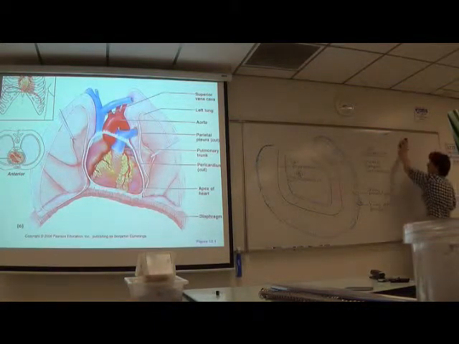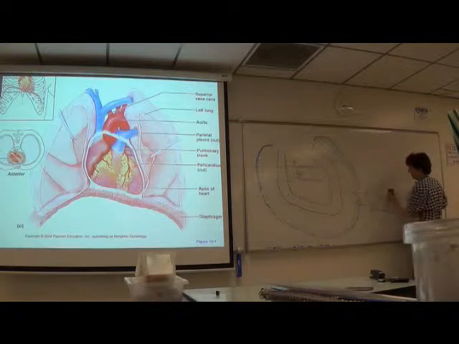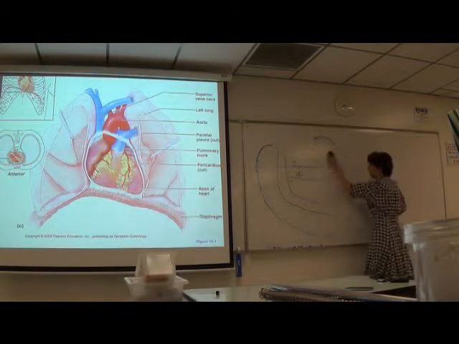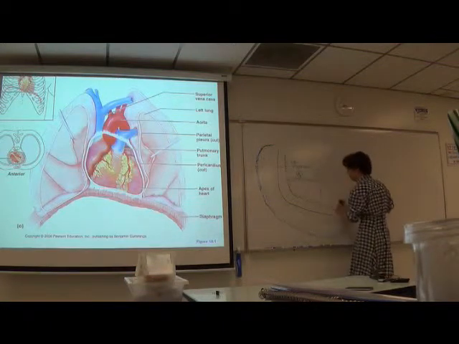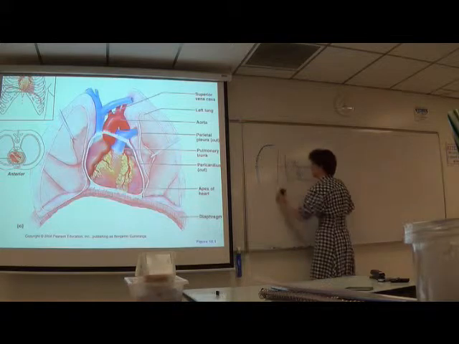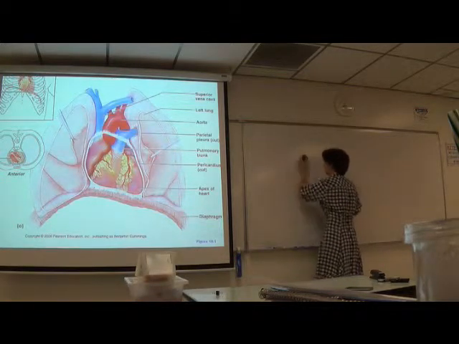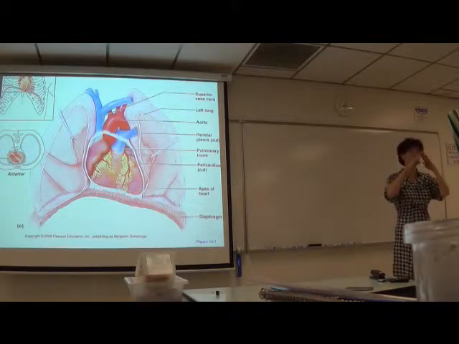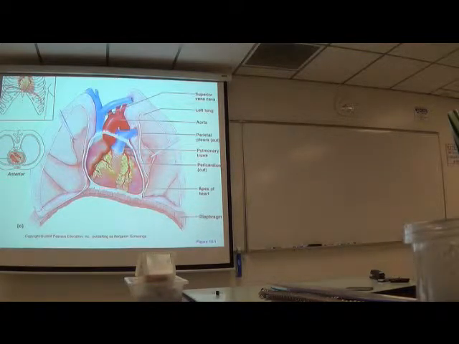The heart doesn't much look like a Valentine's heart. It does kind of have a rounded, pointed region, which is the apex, and a base. And normally we think of a triangle with a point at the top. The heart is reversed.